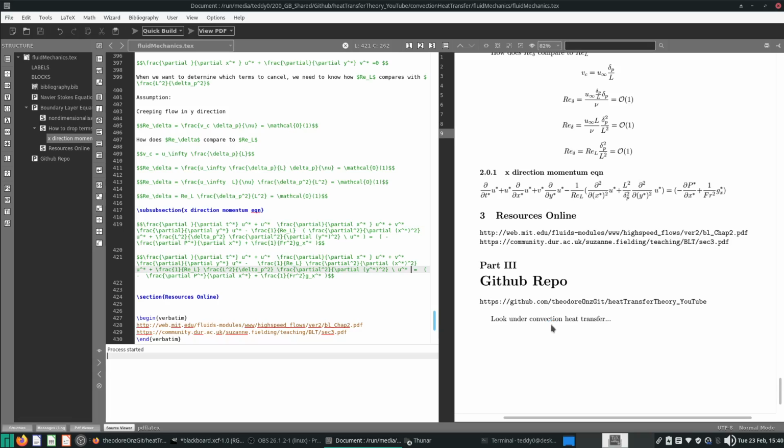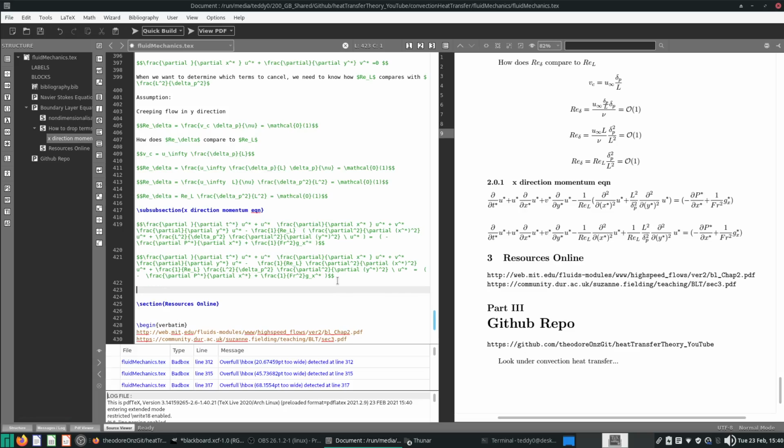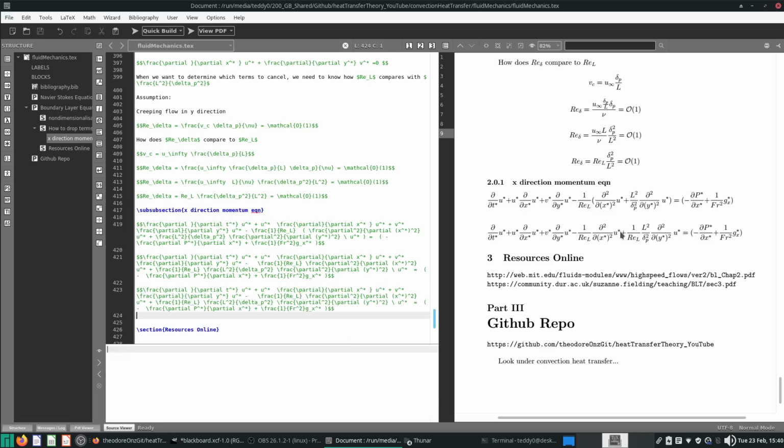Now this thing over here is the 1 over the order of magnitude of 1, the mathcal O(1).